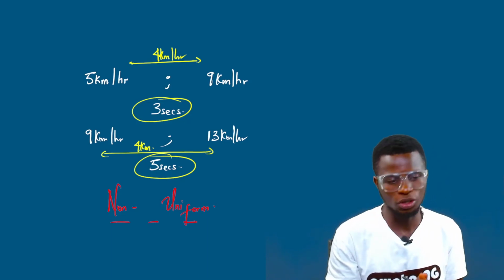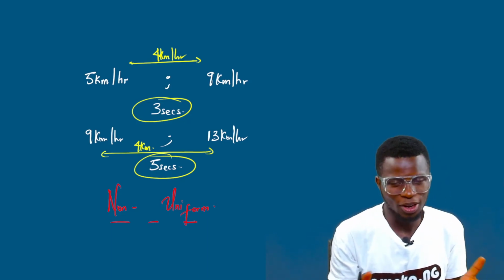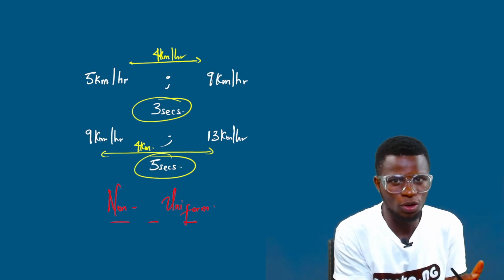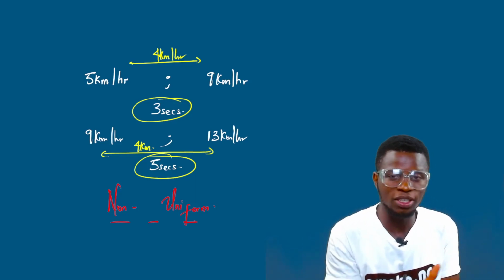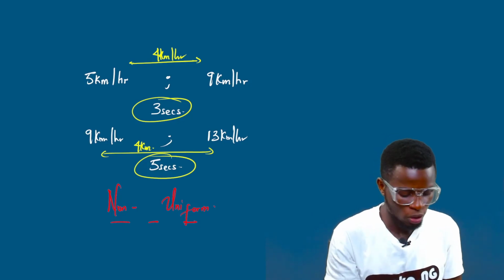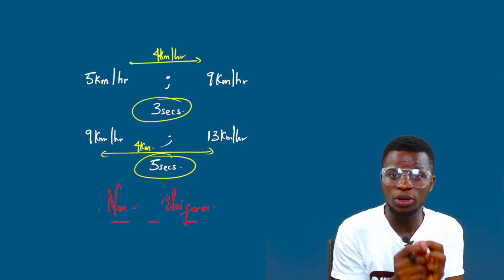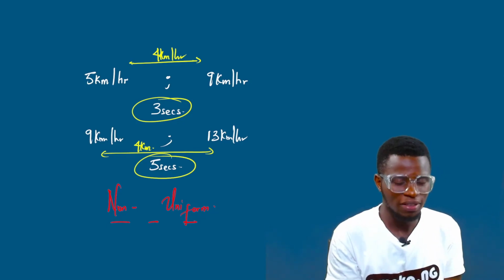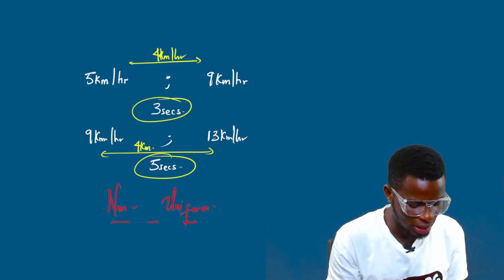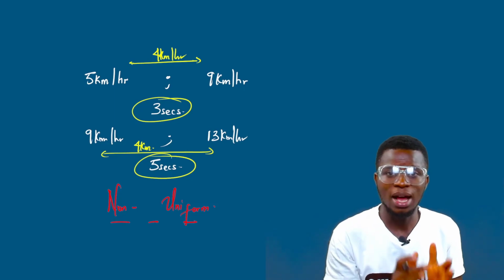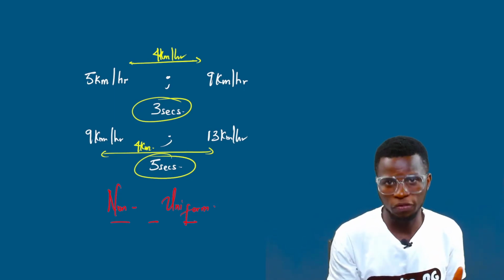If something is uniform, the opposite of it is non-uniform. So when the acceleration of a body is constant, then we say that the acceleration is uniform, okay?